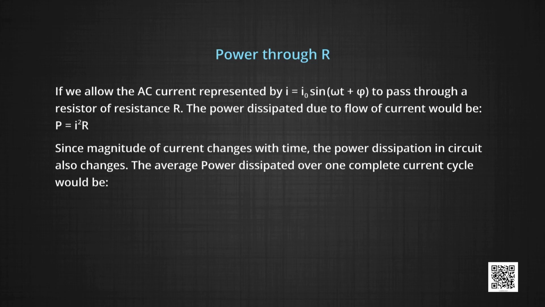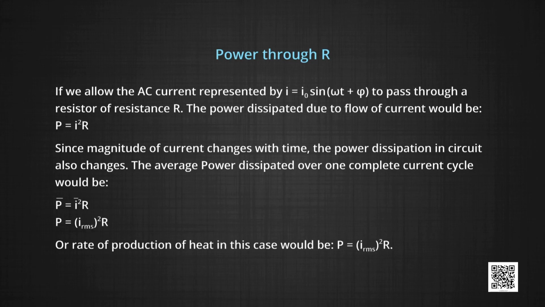The average power dissipated over one complete cycle would be P equal to I RMS squared R, which is the rate of production of heat in this case.